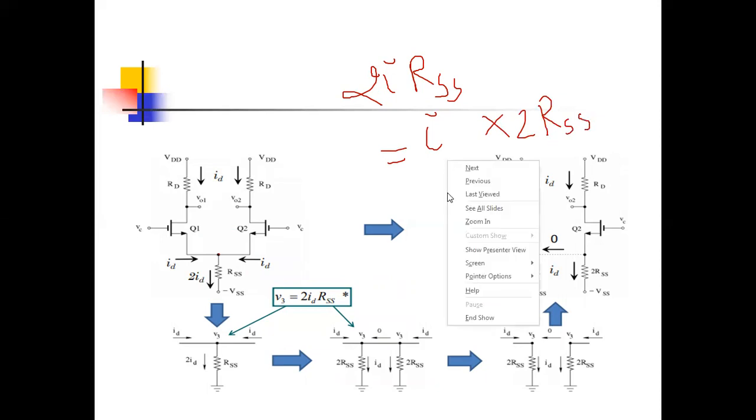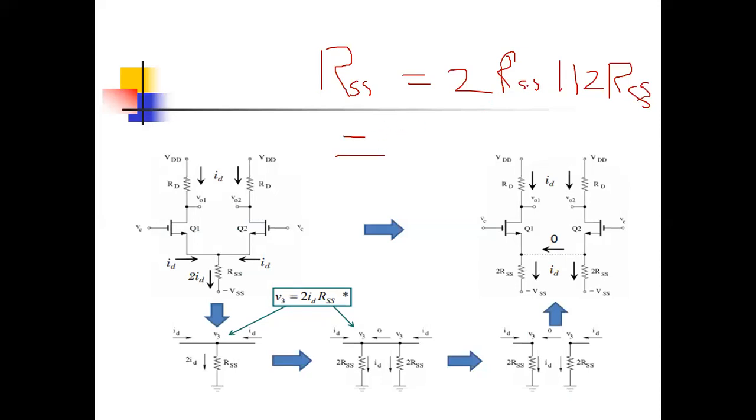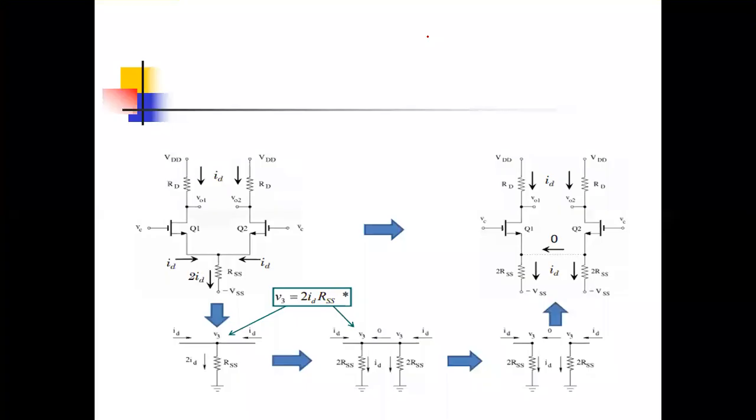Or you can write RSS as 2RSS parallel to 2RSS. If you solve the parallel combination of this, you will have the value of RSS. Wait. If you solve the parallel combination of R and R, what will it be?